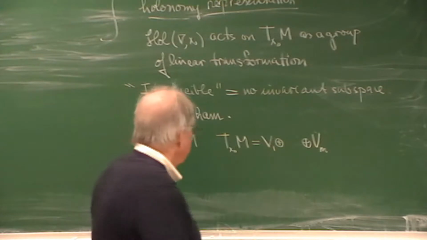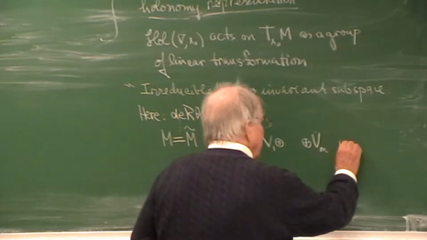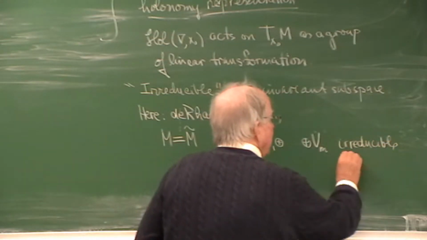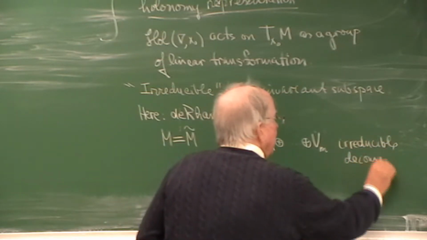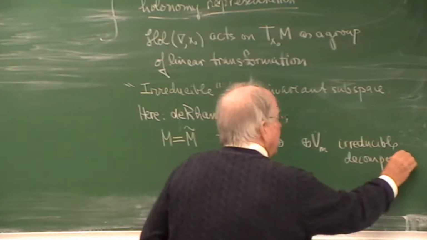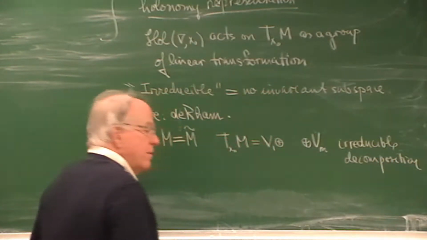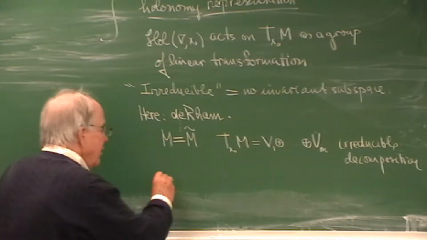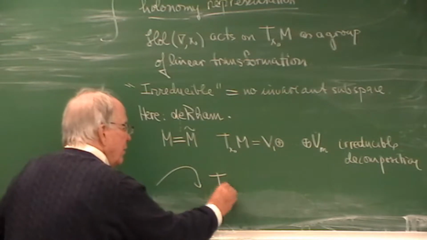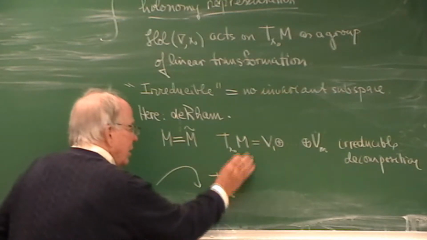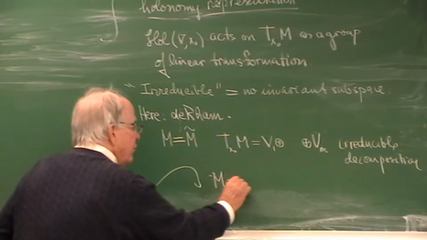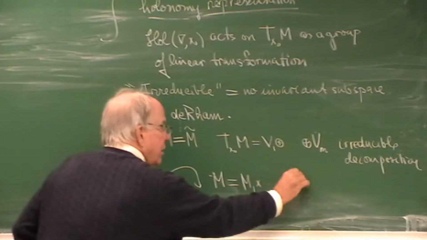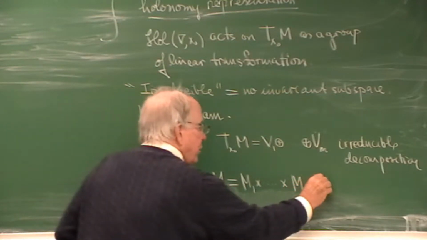So this is the irreducible decomposition. You can break this up. And the incredible theorem, and it's not hard to prove, is that then this gives you a product structure on the manifold. A corresponding product structure.